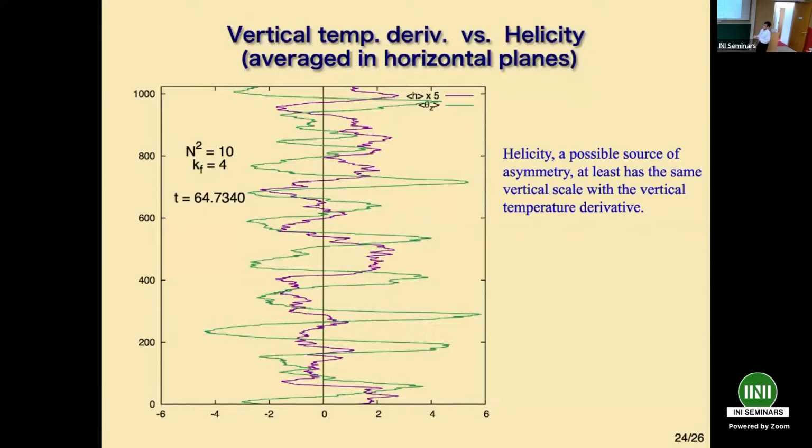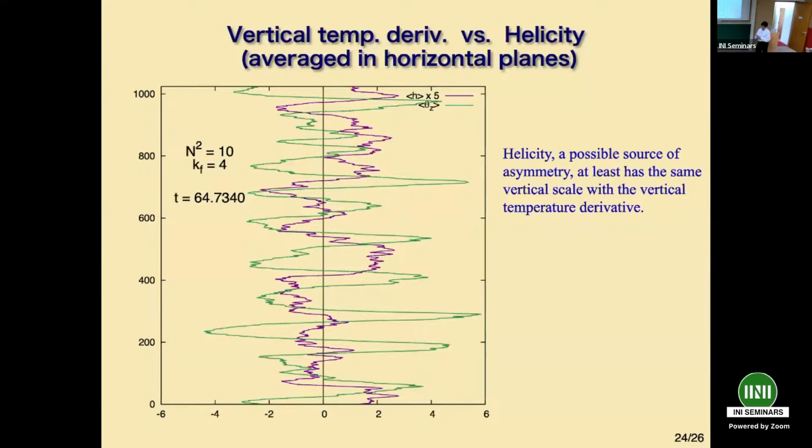So helicity might be a reason to produce such kind of asymmetry, but we don't know. Is there a correlation? No, I haven't checked, so maybe correlation. Yeah, we can check. Comment on the emergence or formation of helicity: what is setting the origin?